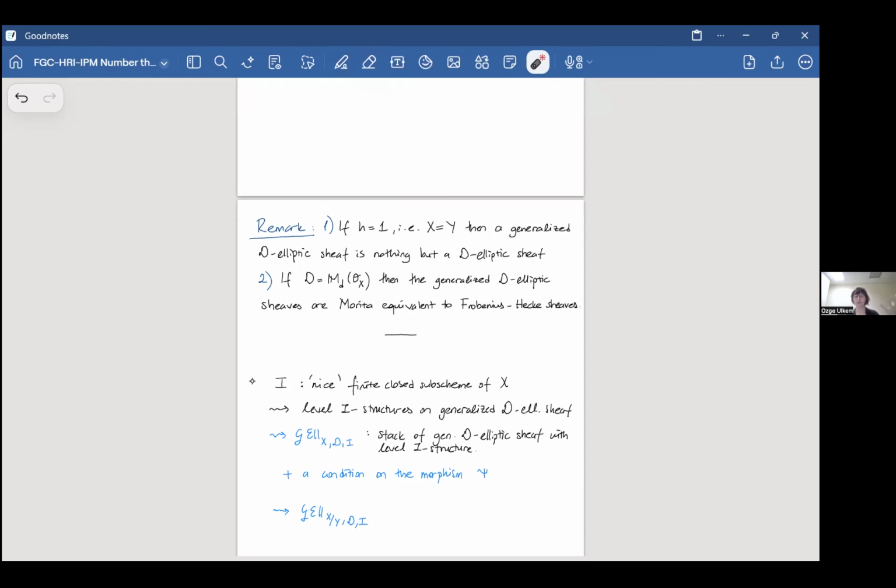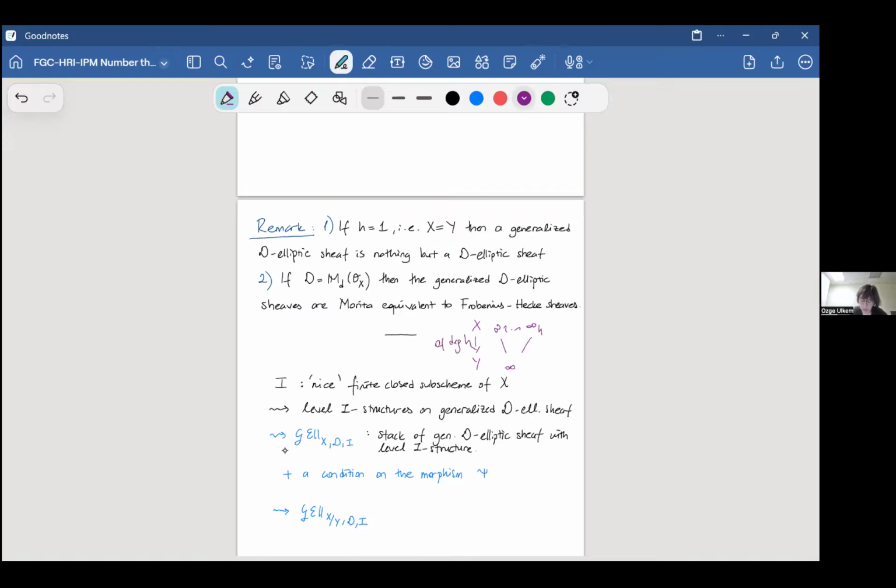But what I want to do is uniformize this moduli stack over the fiber over infinity, right? So we had this X, Y so that this infinity splits completely. This is of degree h.